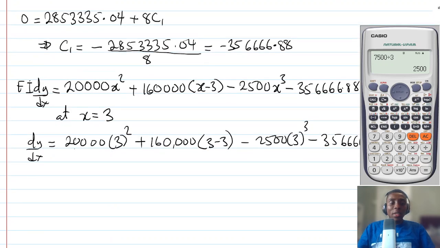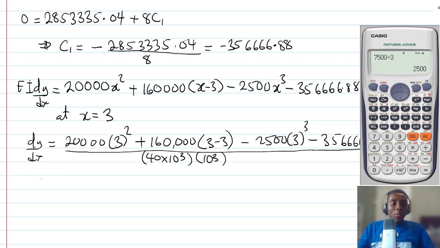So whatever you get from here, then you divide the whole of this by the EI, which was 40 times 10 to the power 3 kilonewton. So again, 10 to the power 3. Now I promise you that if you do it correct, the slope is going to be minus 6.104 times 10 to the power minus 3 radian.